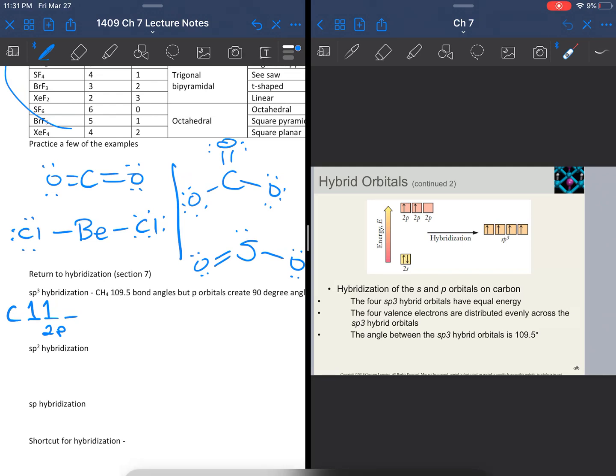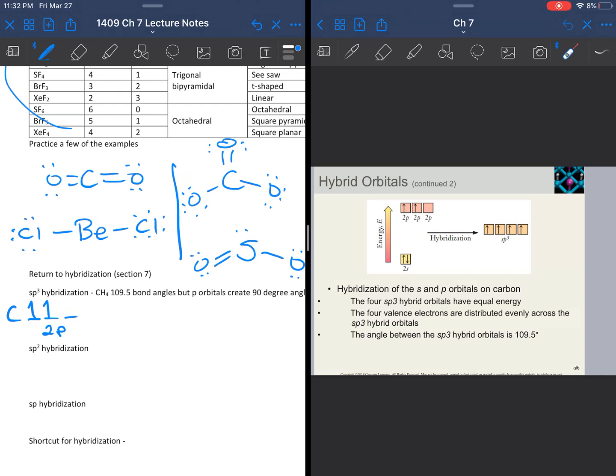So what we see here with something like methane is we need the 2s and the 2p orbitals to combine. I think of it like Play-Doh. I roll them all together, and then I split them back up into 4 equal balls. So 4 equal orbitals, now called sp3, because they're made from an s and 3 p's.